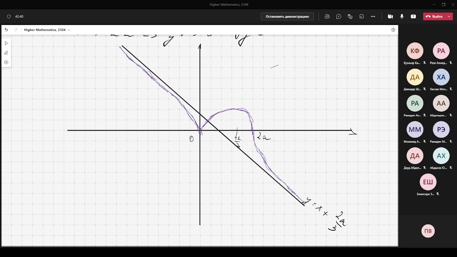This is the graph of the function y equals cube root of 2ax squared minus x cubed.